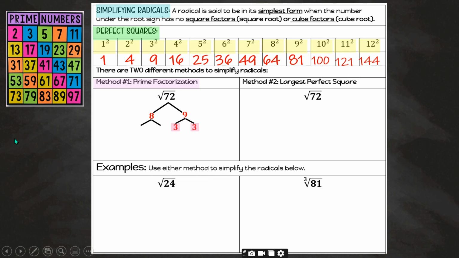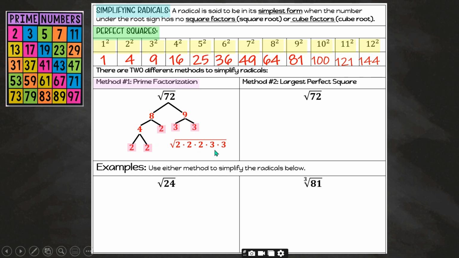Now I need to factor the number 8. 8 breaks down into 4 and 2. 2 is a prime number, so I can stop there. 4 can be factored into 2 and 2. So 72 becomes 2 times 2 times 2, because I have 3 2's in my factor tree, times 3 times 3.